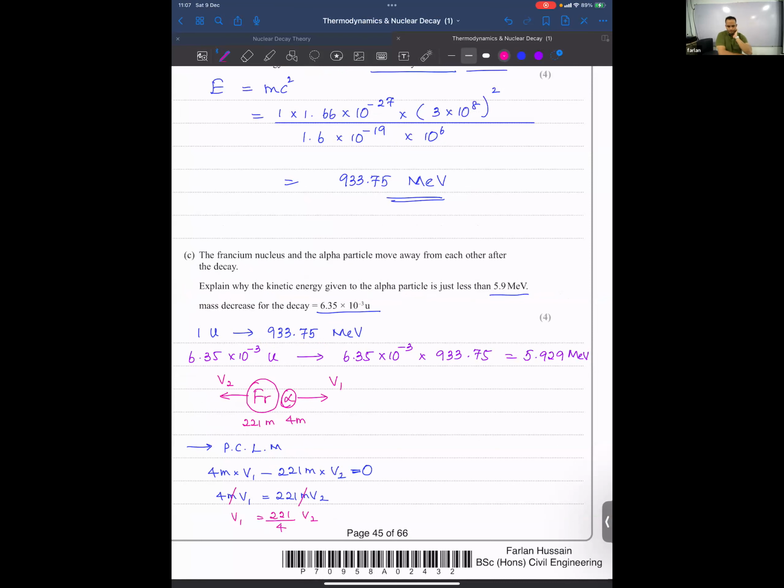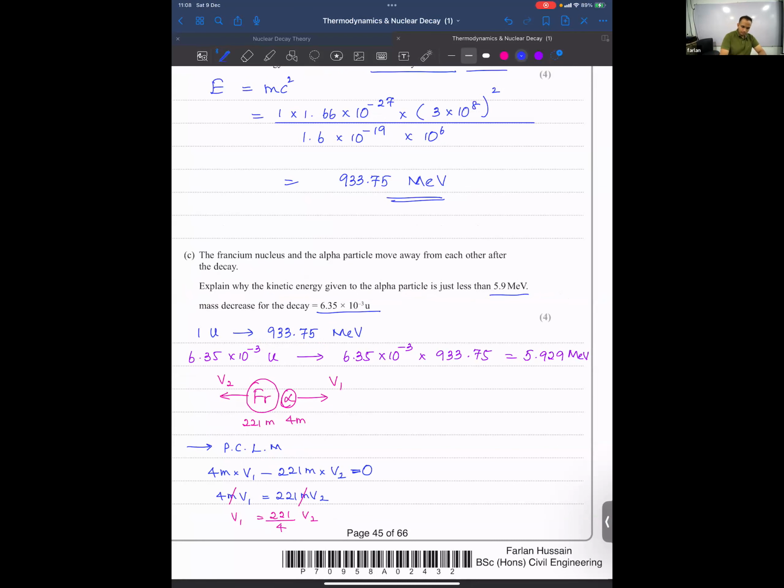Think about it. Half into 4 into V1 square plus half into... Look at this, I will do it this way.